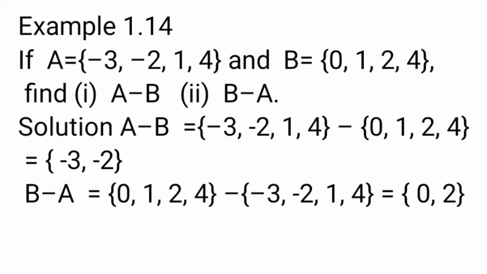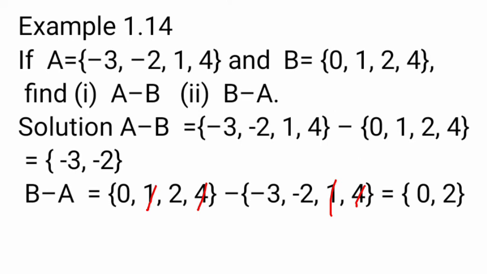We have A minus B equal to {-3, -2}. And the second question is B minus A, that is B difference A. Also cancel the common elements. What are the common elements? 1, 4. Cancel 1, 4.